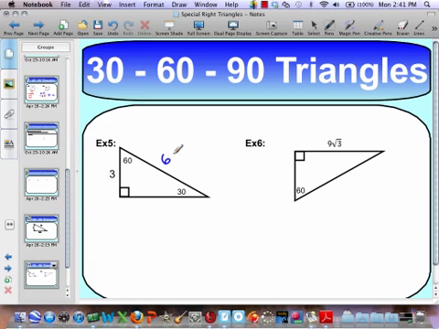So what's the length of our bottom side right here? Well, that's the general format, but what's our X value? See, it's 3. Right, 3. So whatever that length is, Shannon, that becomes that times root 3.